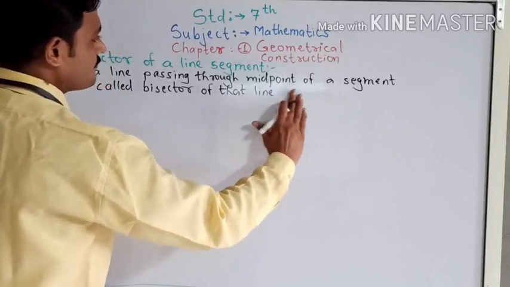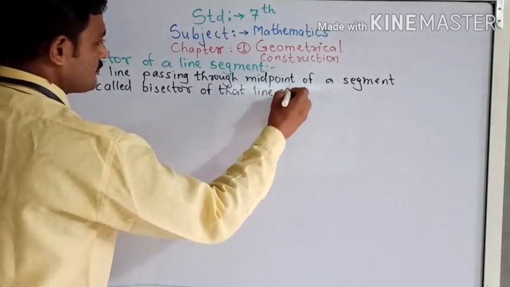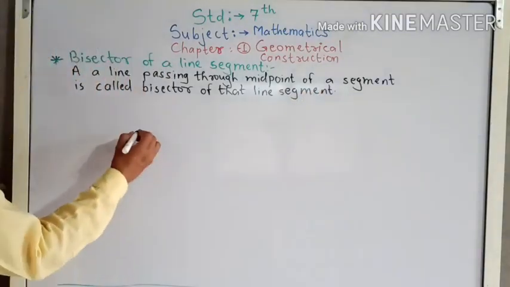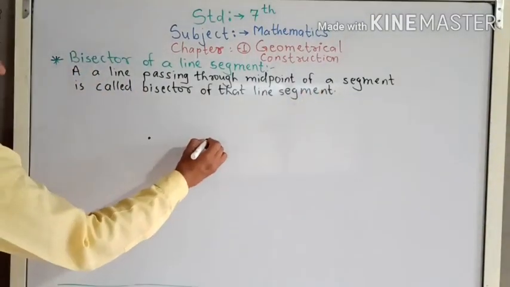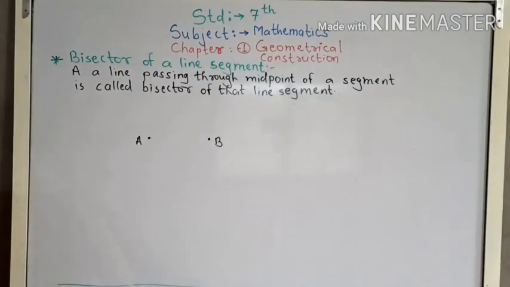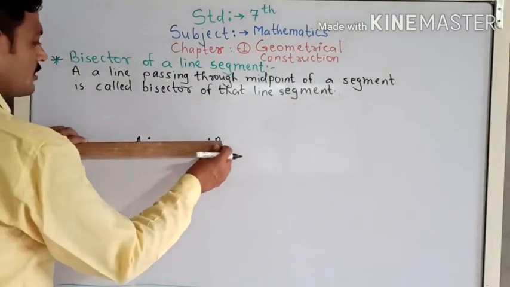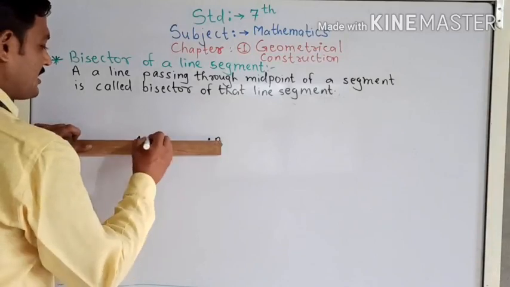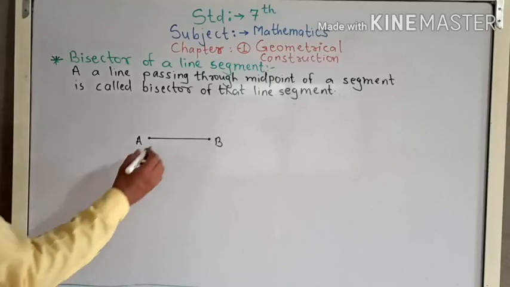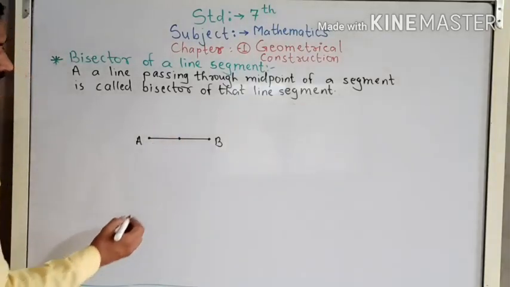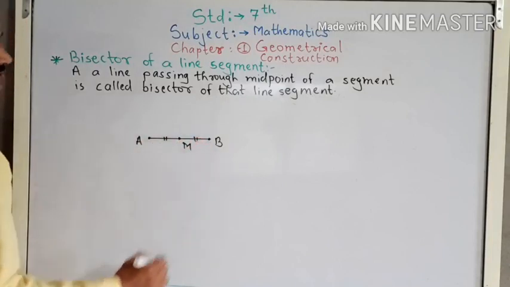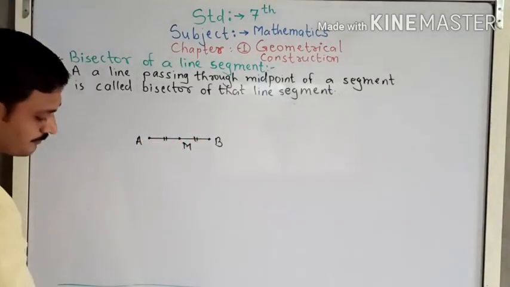Now here, when we join these two points with a ruler, line segment AB is formed. This is line segment AB, and this point M is the midpoint of segment AB.